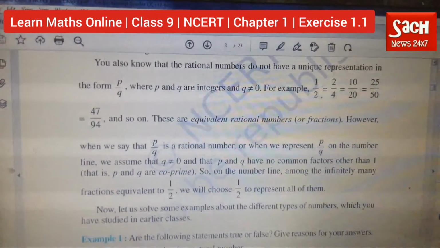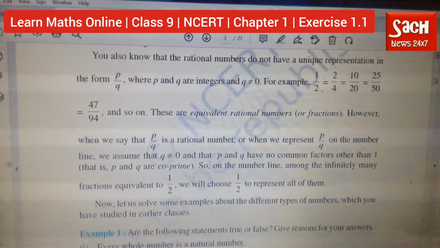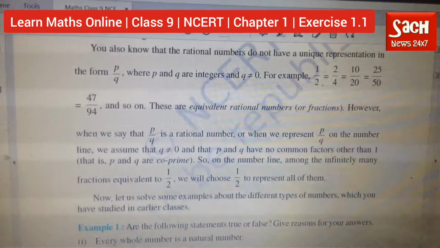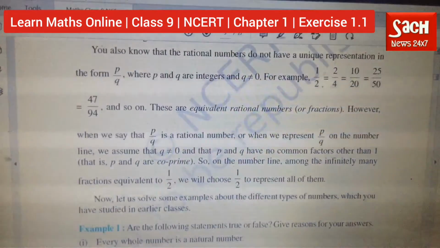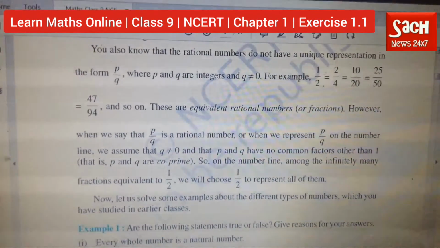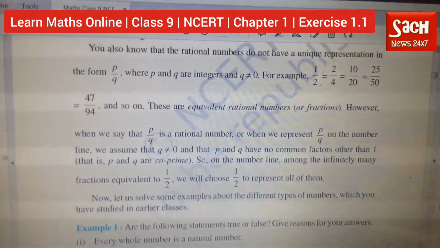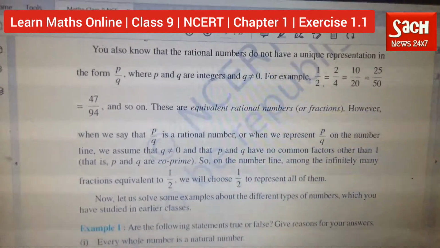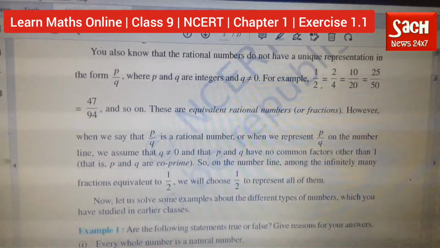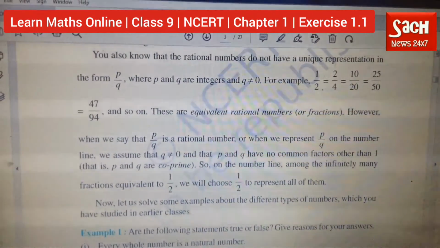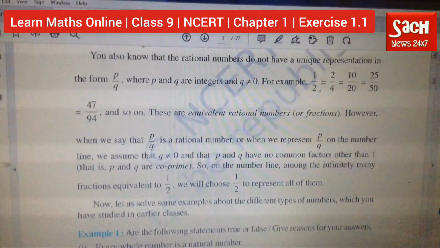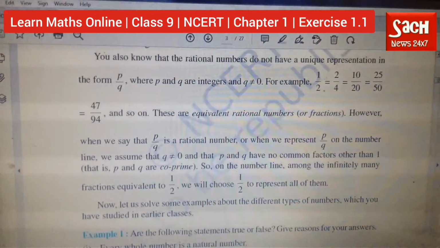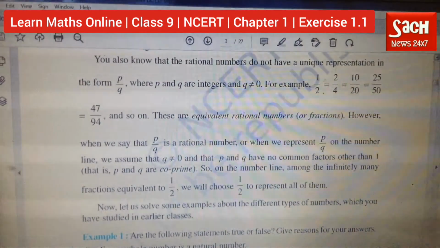However, when we say that p/q is a rational number, or when we represent p/q on the number line, we assume that q is not equal to 0 and p and q have no common factors other than 1. It means, suppose the number is 1/2, p is 1 and q is 2. So there is no common factor between p and q.